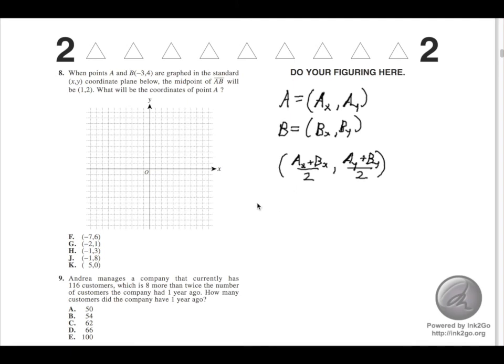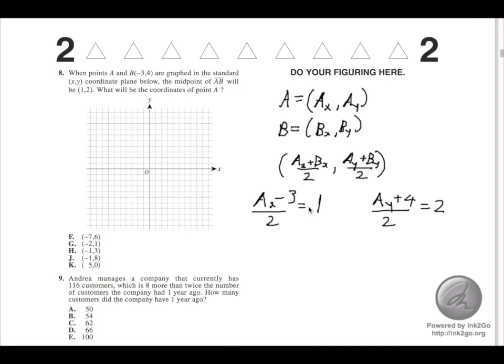So we have A sub x minus 3 over 2 is equal to 1, since that's the x-coordinate of the midpoint. And similarly, we have A sub y plus 4 over 2 is equal to 2, since that is the y-coordinate of the midpoint.